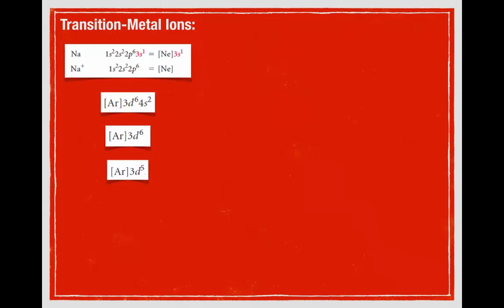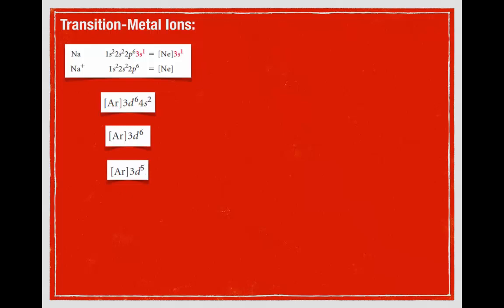It gets more tricky though when we're dealing with transition metals. Specifically, if we look at iron, which has the condensed electron configuration of 3d6, 4s2, it's not as simple. If I just had 4s2, I would lose 2 valence electrons and then I would be done. But notice I have 3d6 and 4s2.